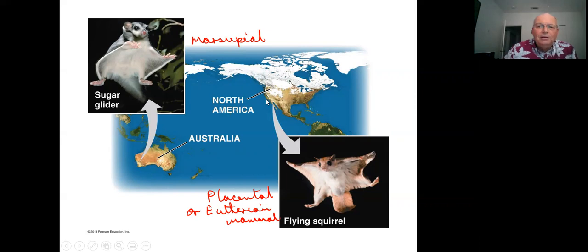So South America and North America were in separate continental land masses when the ancestors of marsupials evolved versus the ancestors of modern mammals. So these do not share a common ancestry at all, only in very, very distant past.